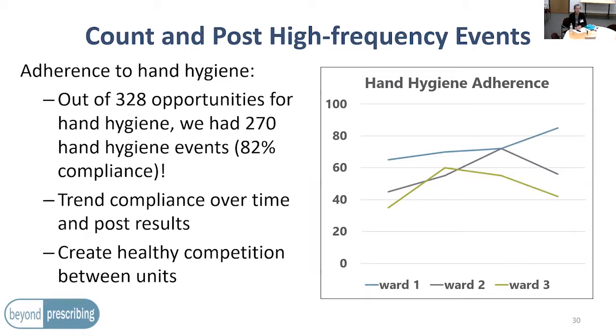And then you also have high frequency events, looking at hand hygiene. So this would be a sample graph. It's great. We did well at the VA by having competitions between units and celebrating with pizza parties or whatever. For the residents, even chocolates did well. But important to say, out of 328 opportunities for hand hygiene, we had adherence 82% of the time.